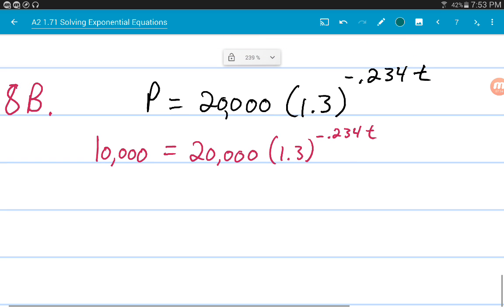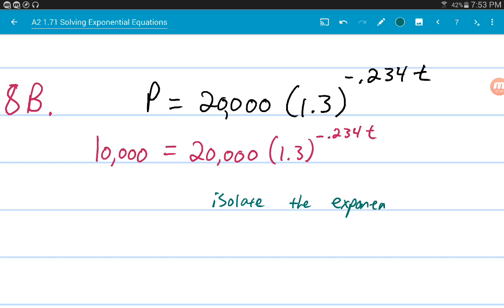Now, if you've been paying attention the last few days, you know that in order to solve for one of these exponents, we need to isolate the exponential term. Well, this is the exponential term here.